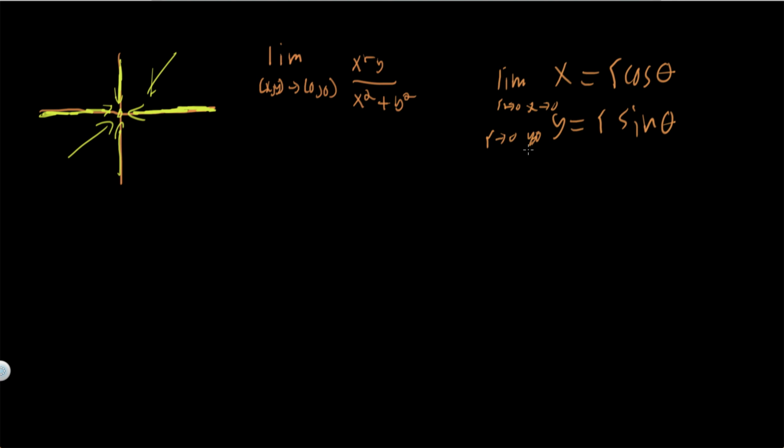So we can rewrite the limit for this function with the polar coordinates that we just made, and let r go to 0. So let's do that.